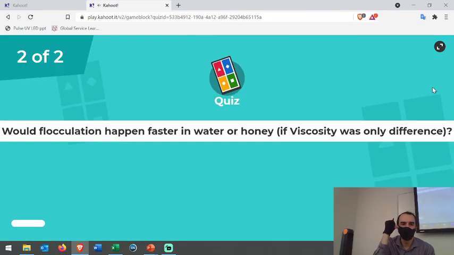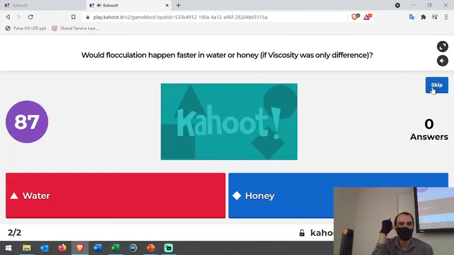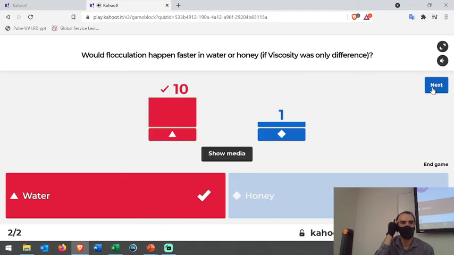Okay, second question. Would flocculation happen faster in water or honey if viscosity was the only difference? Okay, so we've got 1 troll and 10 correct people.